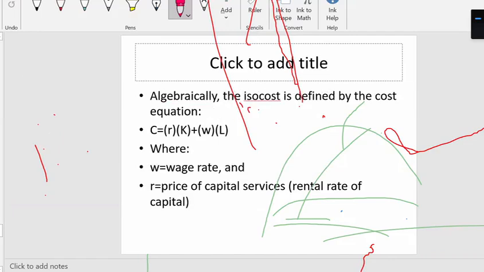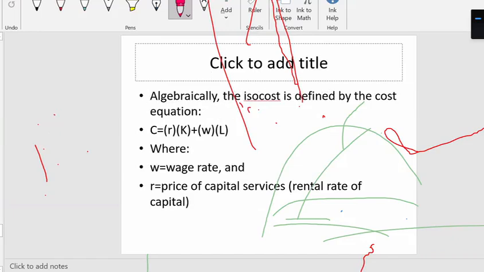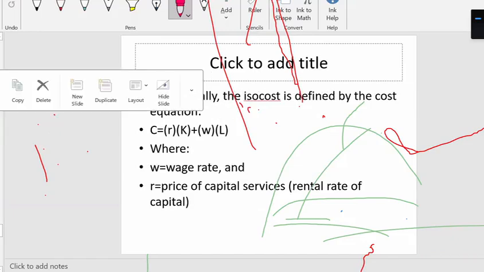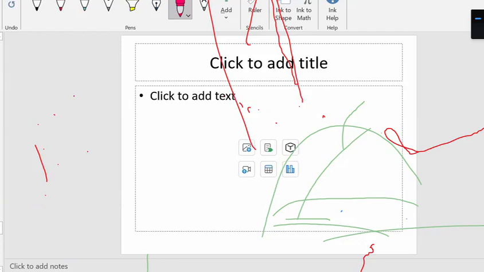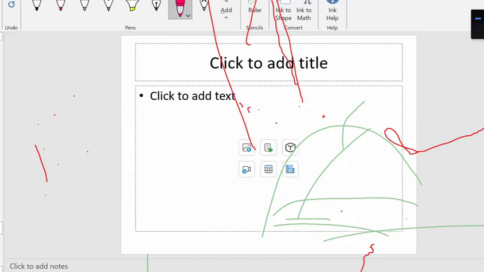Okay, now for example, let me do this. Let's say I don't need to employ labor. Maybe I want to deal with something else. Assume my L, I don't need to employ people.